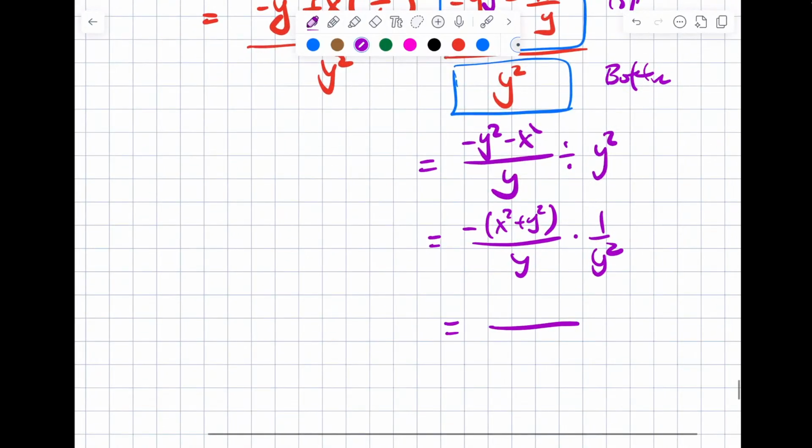So that's going to be y to the third times -x squared plus y squared. Now, final touch here. Do you guys remember what's x squared plus y squared? It's 9.